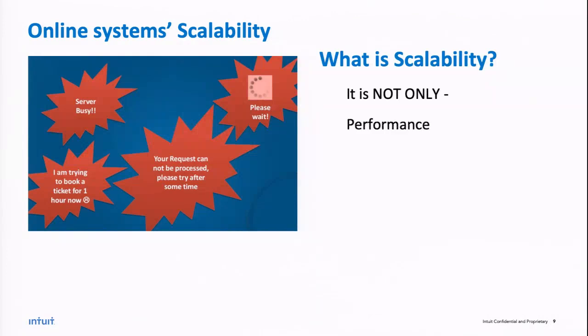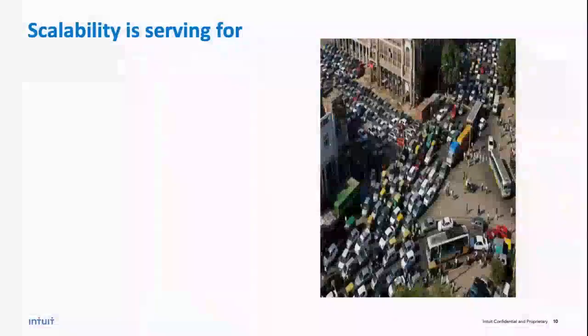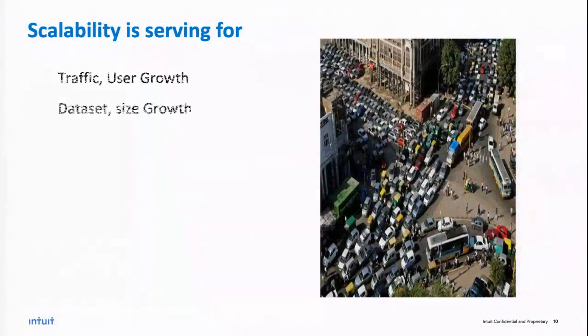Scalability is not only performance or high availability or having a lot of customers. It's also about traffic, what you get at a particular point in time. I think these are the two most important factors when you talk about scalability as a problem that needs to be solved.